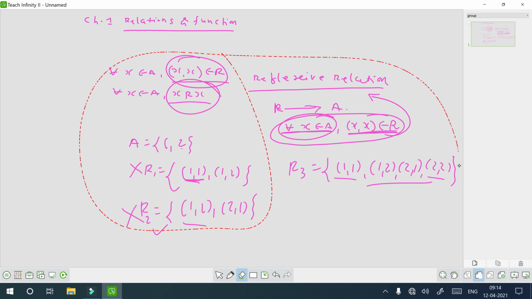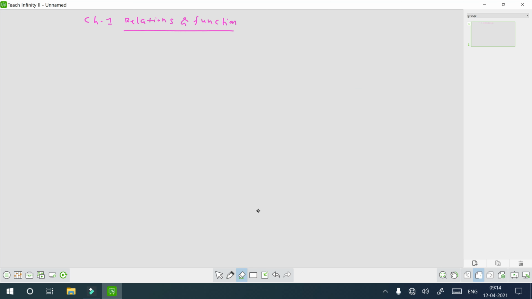Clear? Now let us see one more type of relation, symmetric relation. See, R is any relation on set A. Please see here.